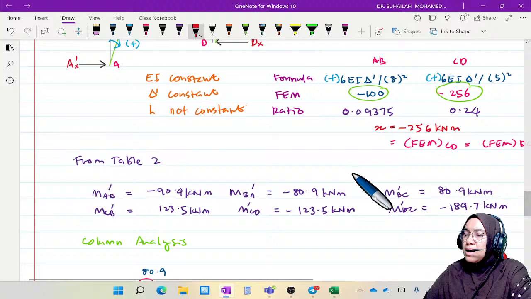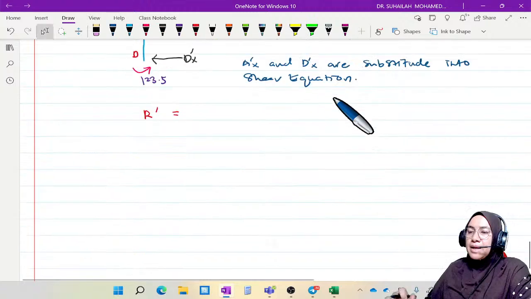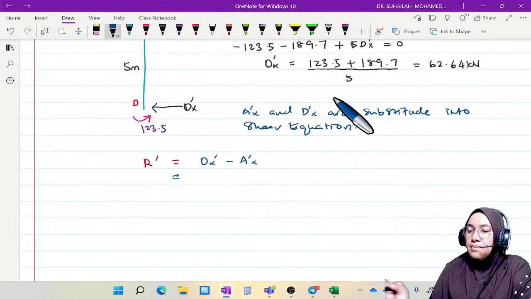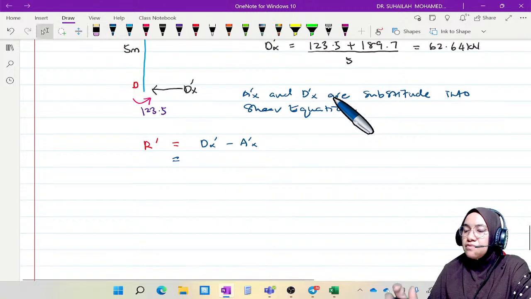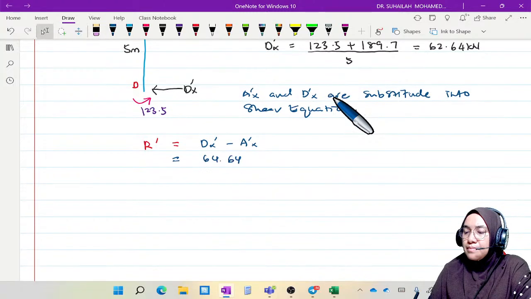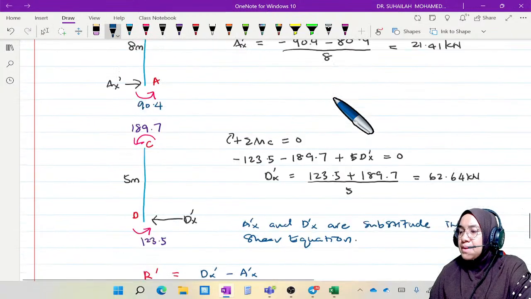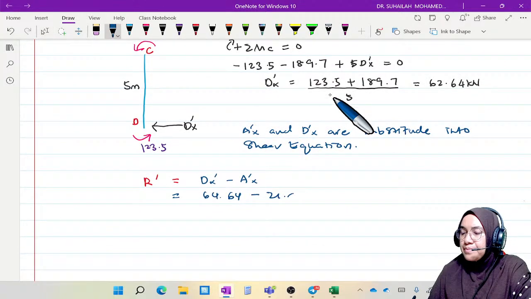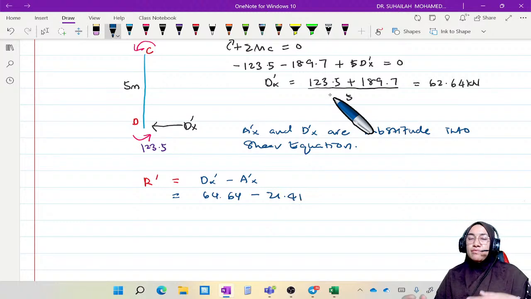Again, R is equal to D minus A. It is D minus A. So this is equal to 62.64 minus A, 21.41.